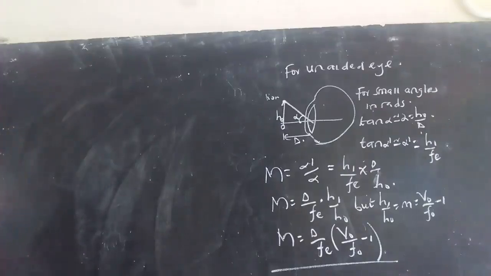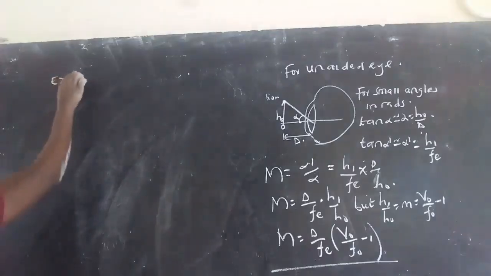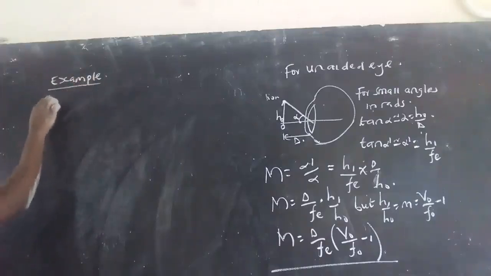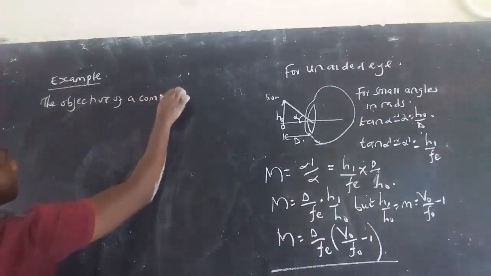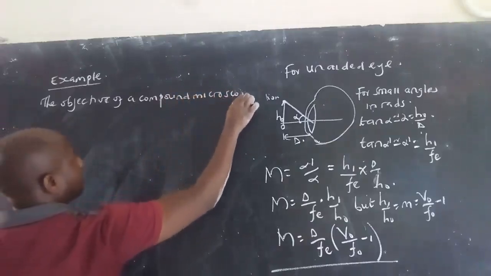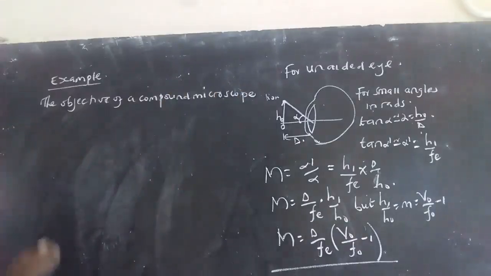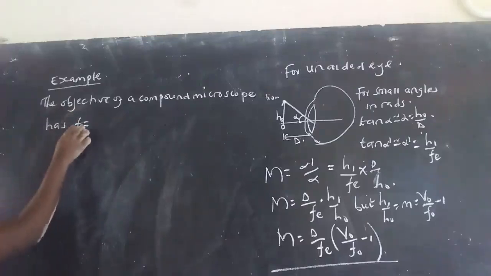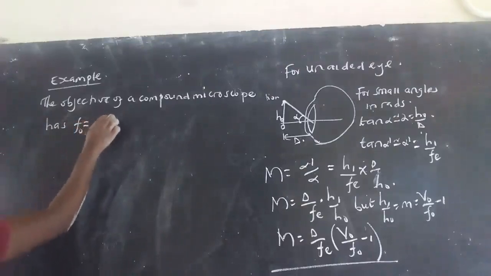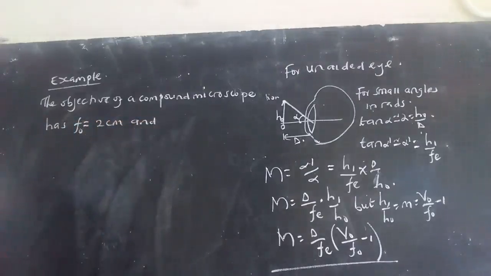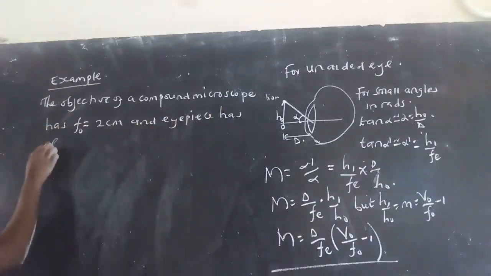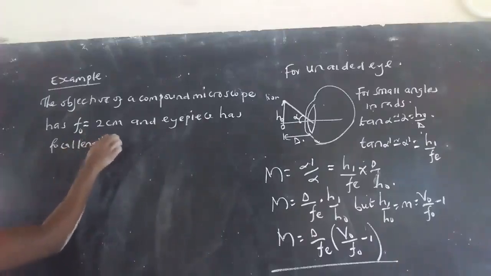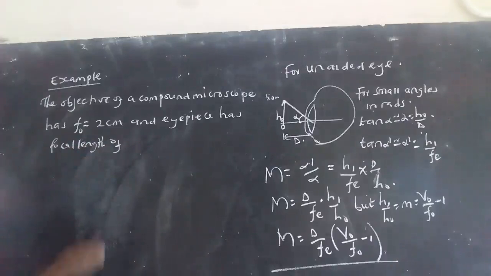We are going to say that the objective lens of a compound microscope has a focal length of 2 centimeters, and the eyepiece has a focal length of 5 centimeters.